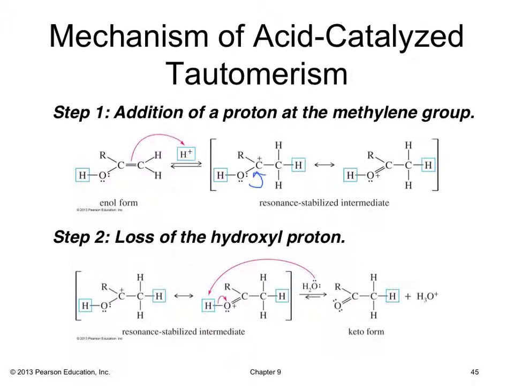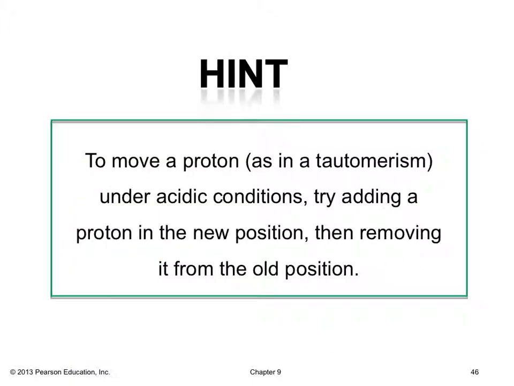So here's your tautomer, over here. And then once you form your tautomer, you're going to have loss of that hydrogen, where electrons from water pluck off that hydrogen, quench that positive charge, forming the ketone. In general, to move a proton, as in tautomerization under acidic conditions, you want to add the proton in a new position, then remove it from the old position.